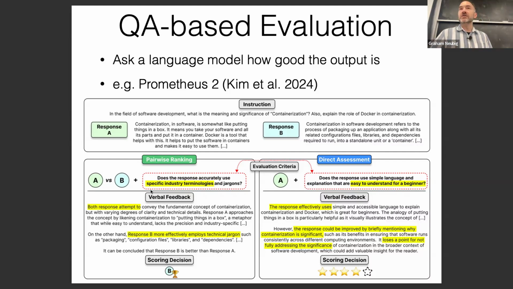You ask the language model exactly the same question that you would ask a human doing pairwise ranking: which one of these two responses is better? For direct assessment, you would ask exactly the same question you would ask during direct assessment: how good is this on a score of 1 to 5? You just ask the language model the same thing.